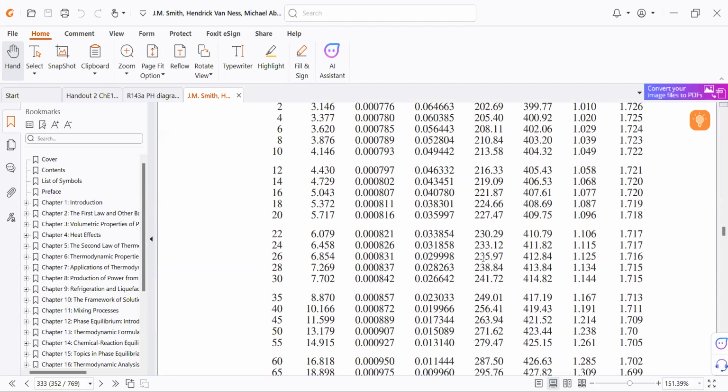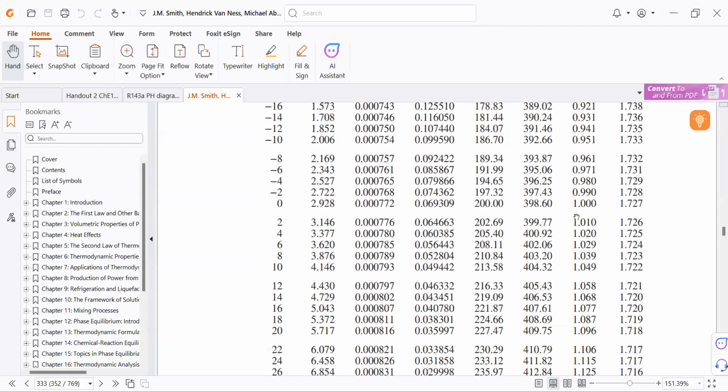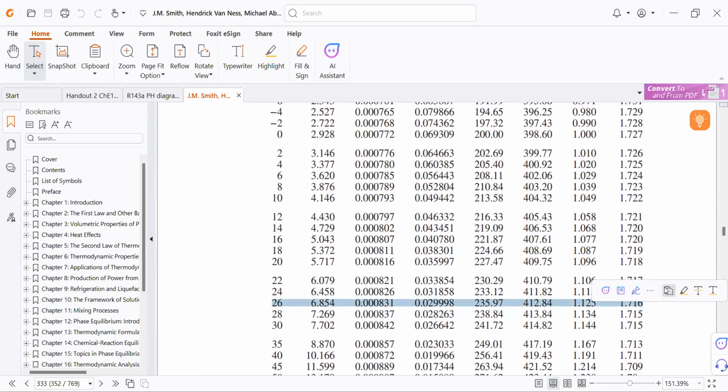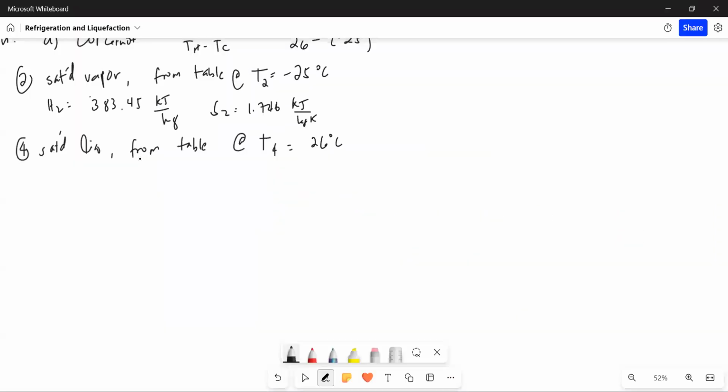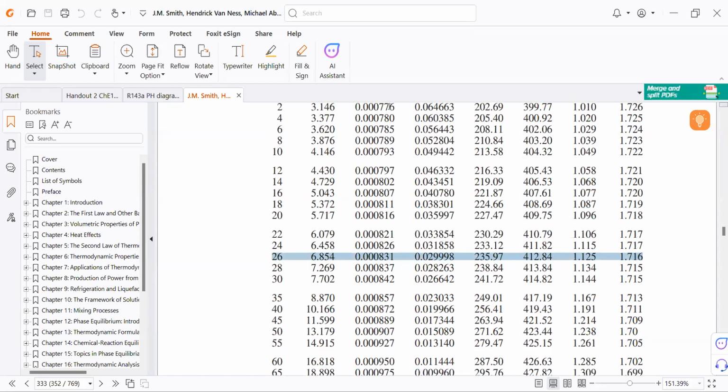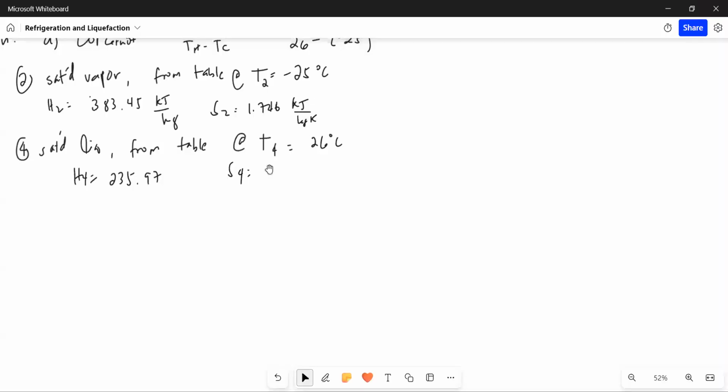Alright, so H4 is 235.7, and S4 for liquid is 1.125. 1.125. Okay.